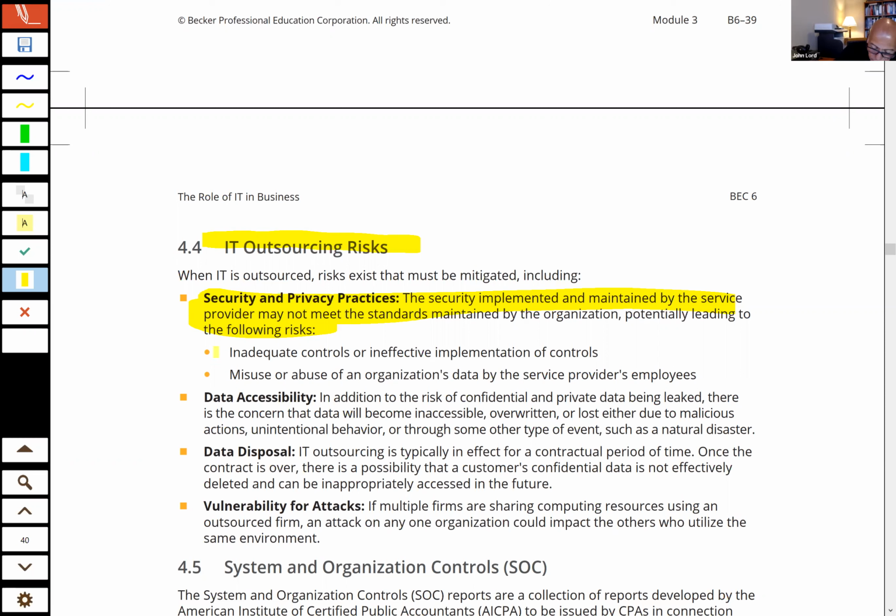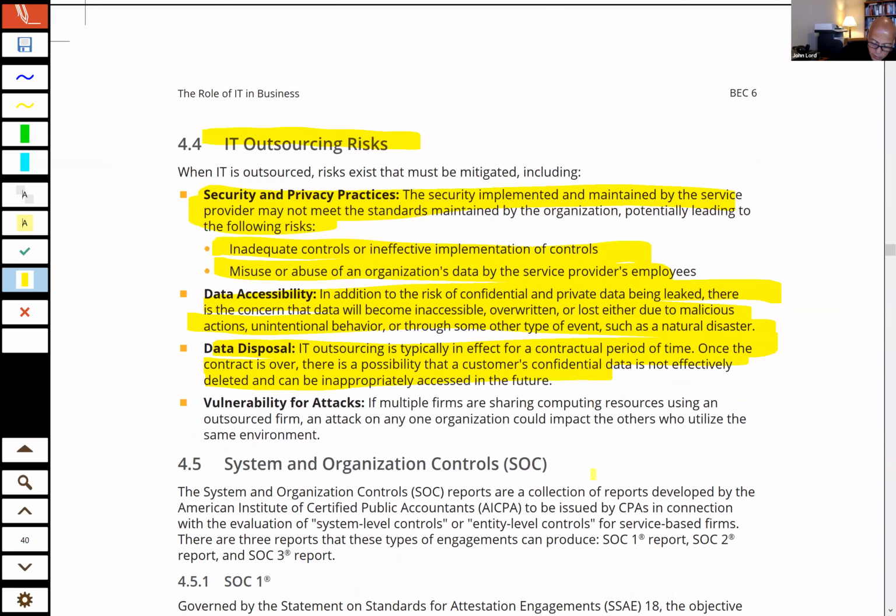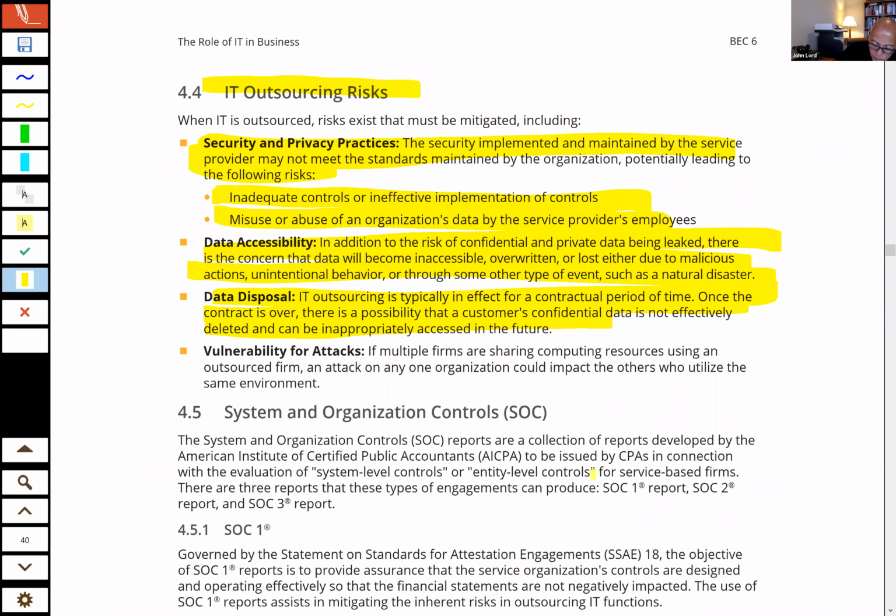when you're going to go ahead and start outsourcing things. Okay, inadequate controls, misuse or abuse of data, right? Data accessibility problems, because the data could be lost or overwritten because they don't do a good job of maintaining it. They dispose of the data in a manner that allows it to be somehow inappropriately obtained by others.